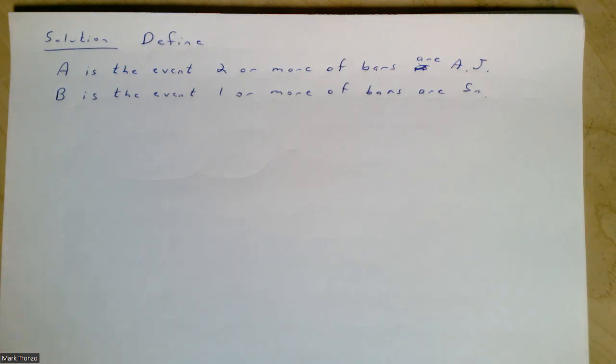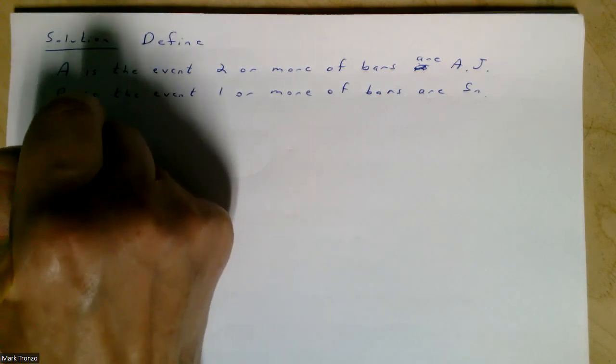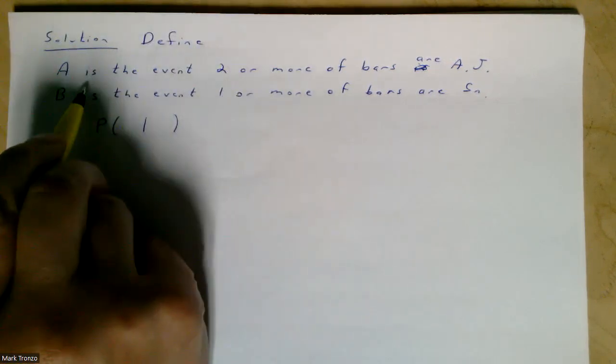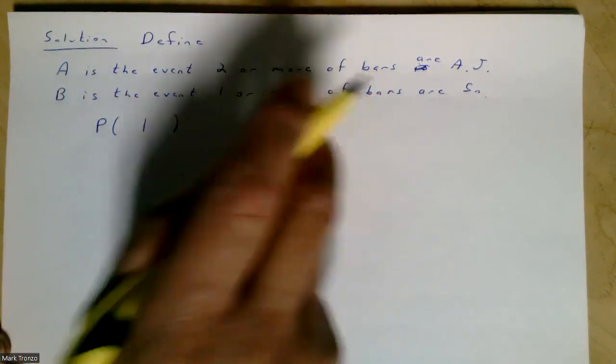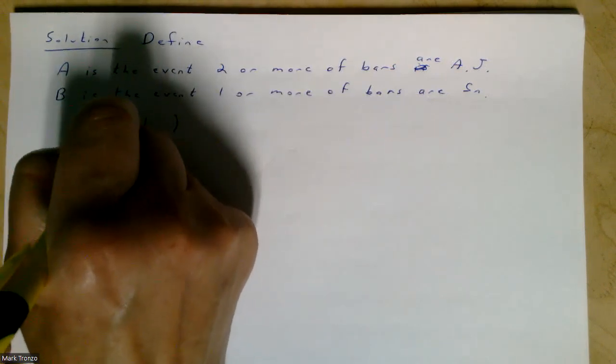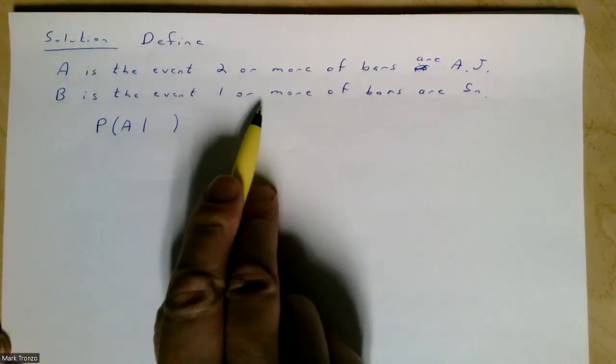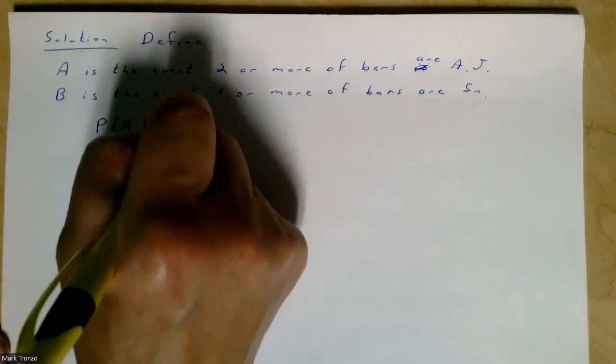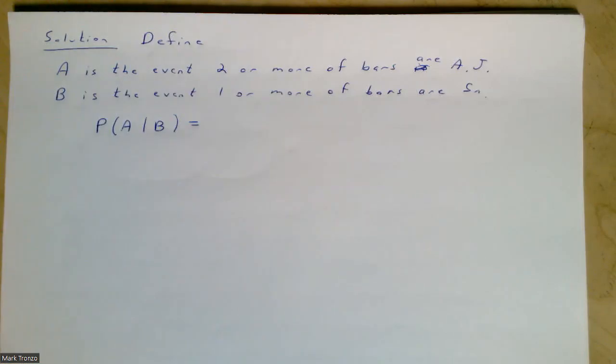Now, we're going to be asking what's the probability of event A, two or more of the bars being Almond Joy, given event B, because we've peeked into the bag and we know that one bar is a Snickers. So what's that probability?